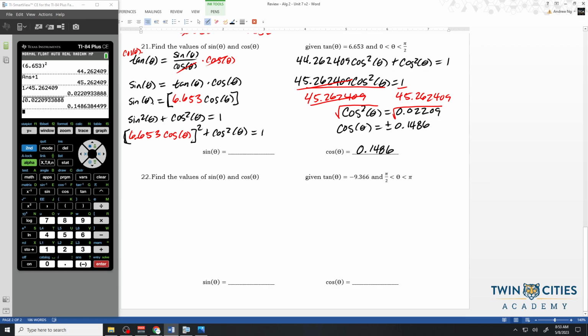So I can just multiply those two together. 6.653 multiplied by the cosine that I just found, 0.1486. So the sine of theta is 0.9886.